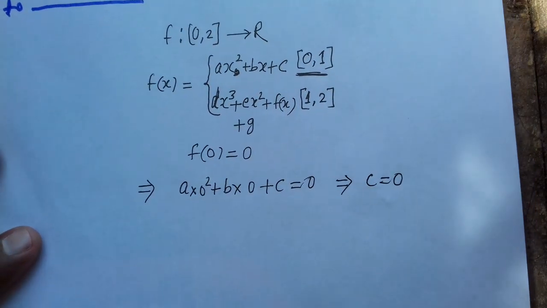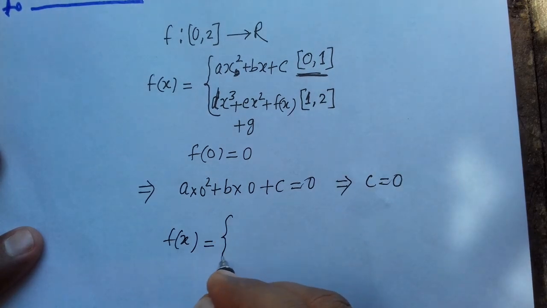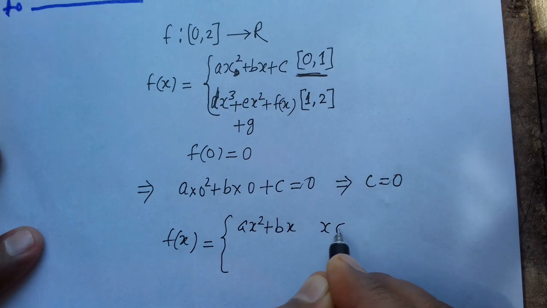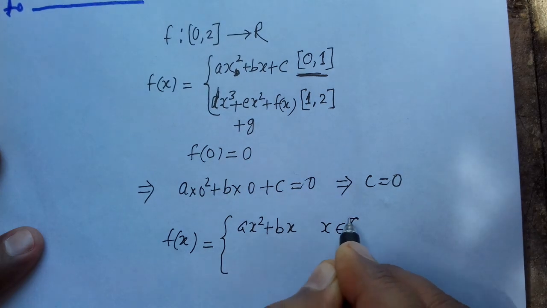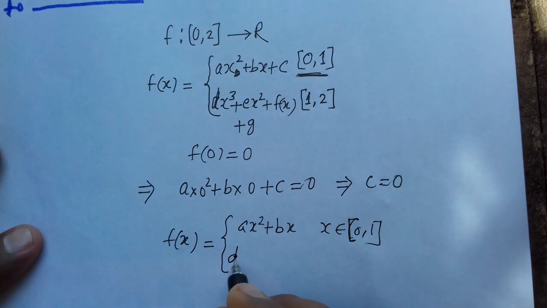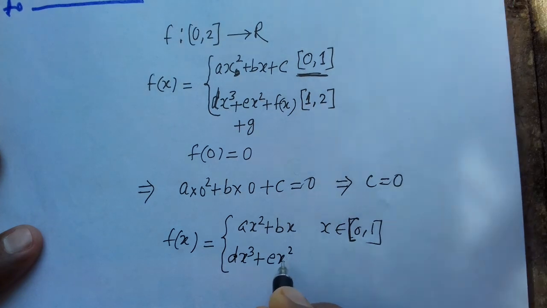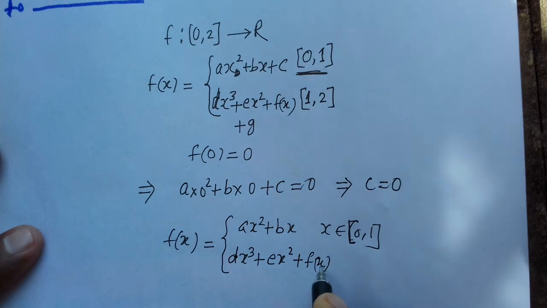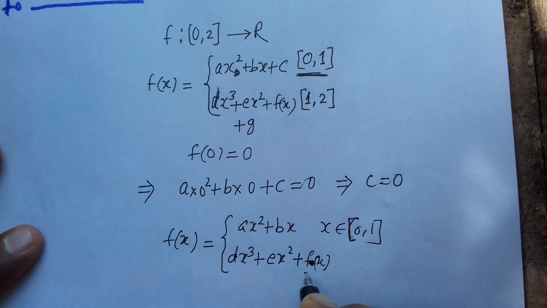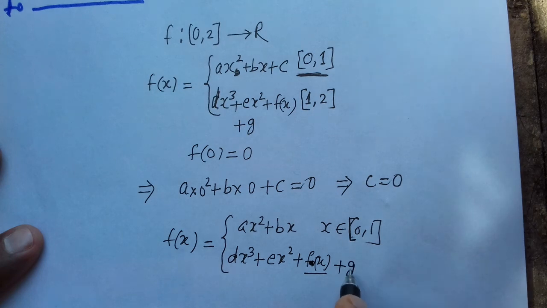So our modified function will be f(x) equals to ax square plus bx, where x belongs to closed interval 0 to 1, and dx cube plus ex square plus fx plus g, here fx means f into x, this is not a function, f into x, and plus g.